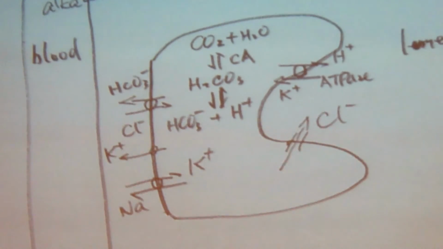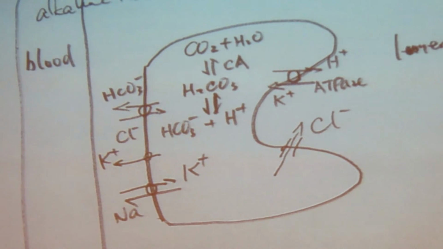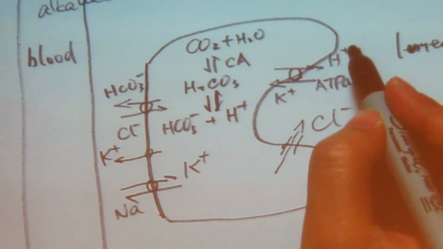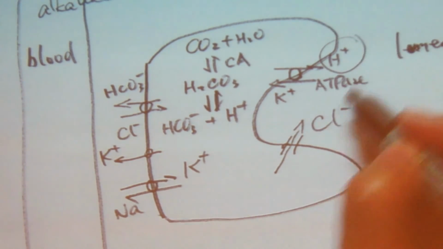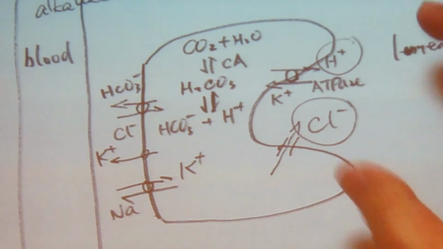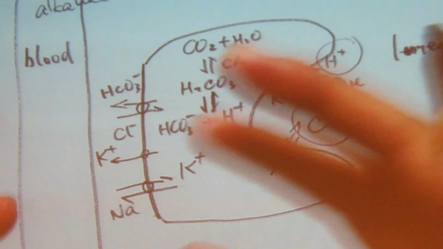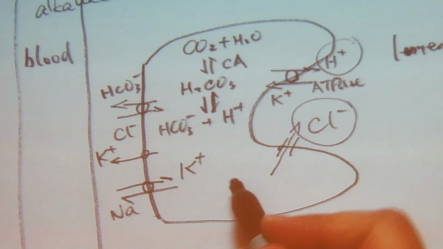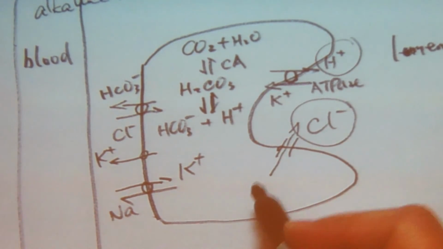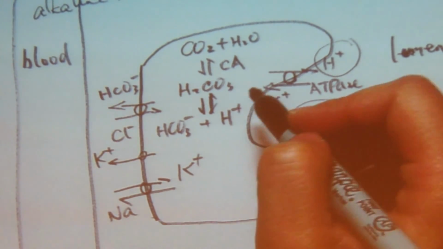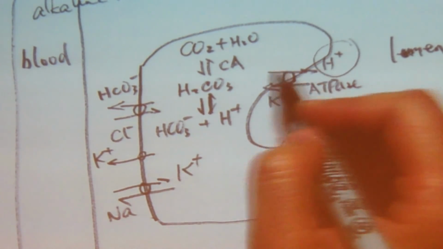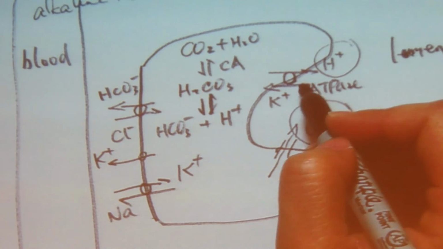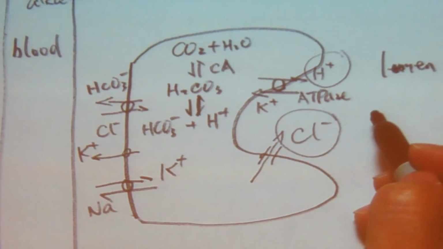Okay, so one of the important things that we want to remember is you can see that this hydrogen ion and the chloride did not assemble inside of these cells. They didn't get a chance to have a high concentration intracellularly. Every time you generate this hydrogen ion, it has to be pumped out very effectively by this hydrogen potassium ATPase, sometimes called the proton pump.